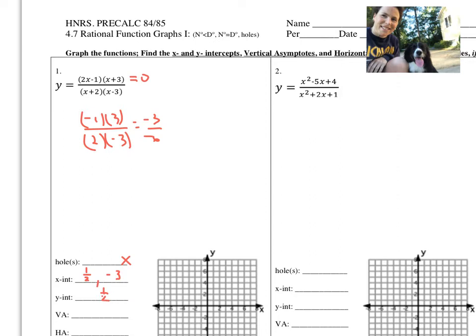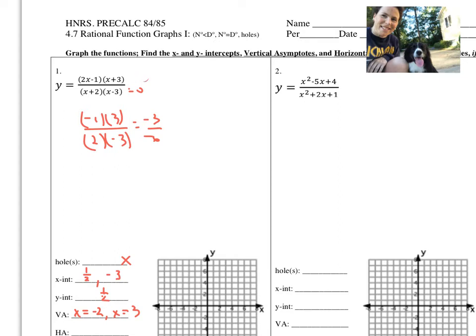For my vertical asymptotes, remember to set the denominator equal to 0 and solve. So it looks like we have one at x equal to -2 and x equal to 3. And then the horizontal asymptote is based upon the degrees.